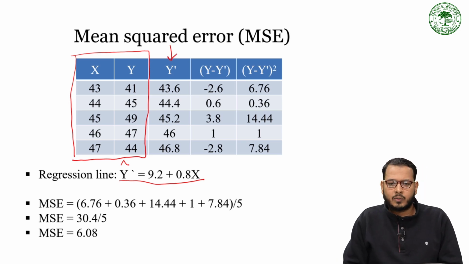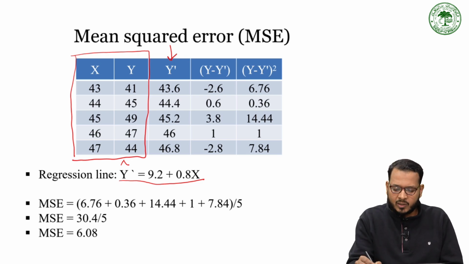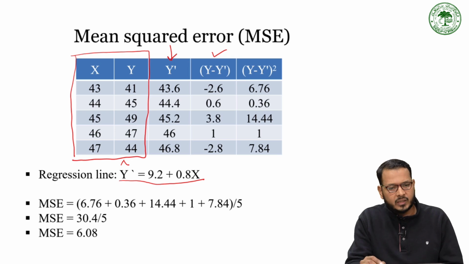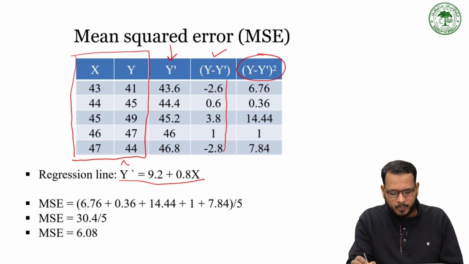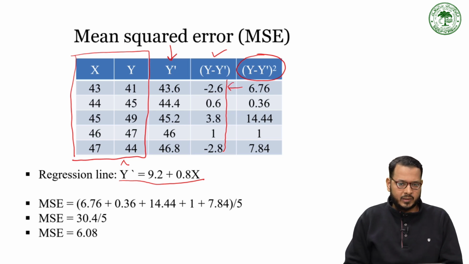So how can we calculate the mean squared error? For that, we will first calculate the difference between these two terms, y the actual value minus y dash the predicted value. Once we have calculated that, we calculate their squared values. So this is just the squared value of the difference between the actual and estimated values.